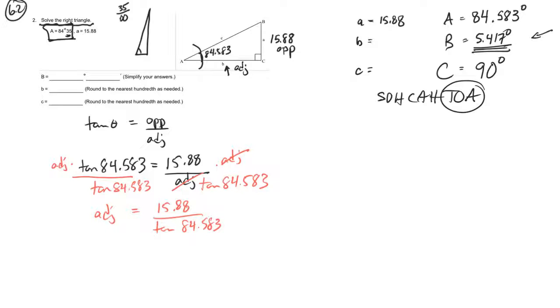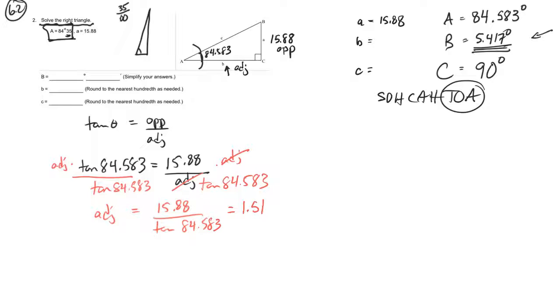Let's do that on my machine. 15.88 divided by the tangent of 84.583. I'm getting 1.51. I think that might be correct.